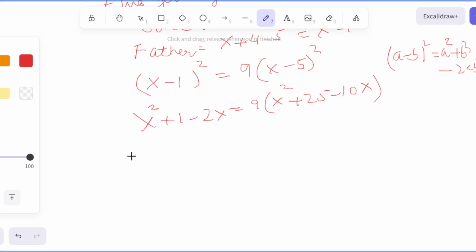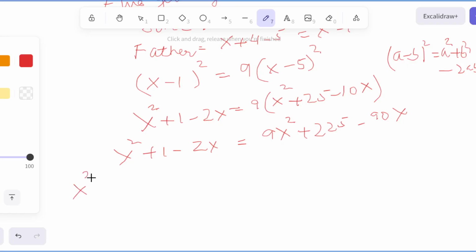Now expand it, open up the bracket. This becomes 9x square, 25 times 9 is 225, minus 90x. Now bring everything to the left hand side.